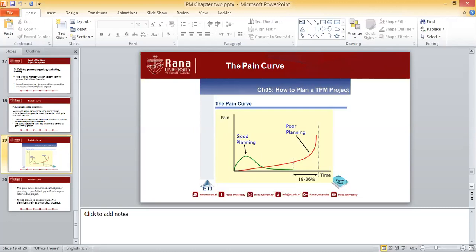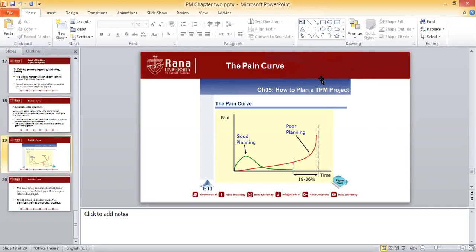So initially you do not give very much time to planning, but you will suffer later in the implementation and closing of the projects. I'm running out of time and I want to finish this. As a result of this poor planning, you will be unable to complete the project.